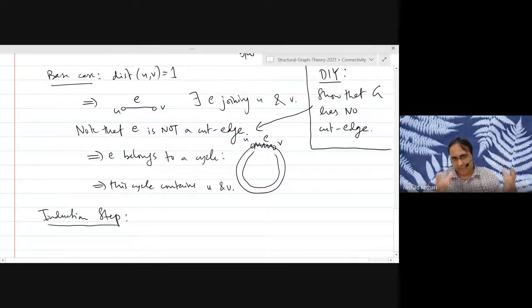Here, we have fixed the graph, and we are proving the statement by induction on the length of the shortest path between two vertices. So we are not trying to get a smaller graph. We are just trying to get another U prime and V prime whose distance is shorter, and we are going to use that to prove it for our U and V.